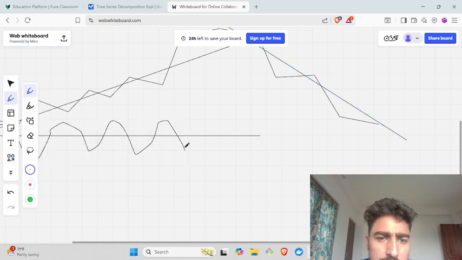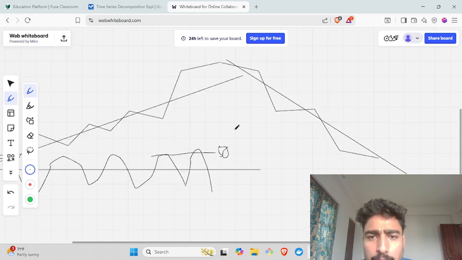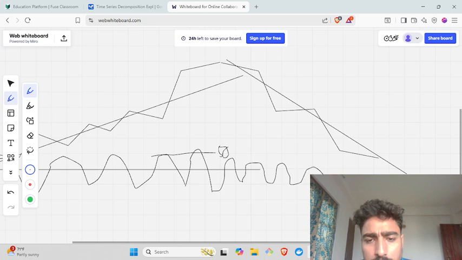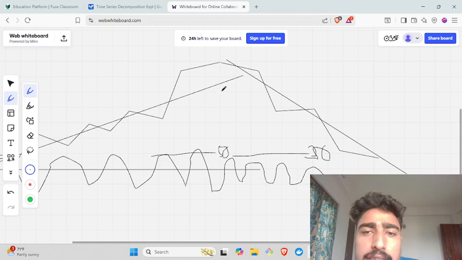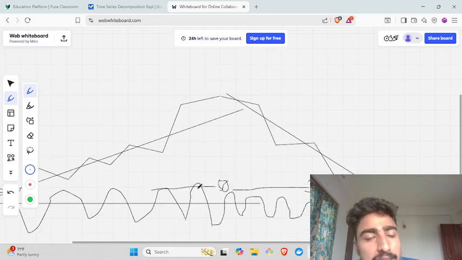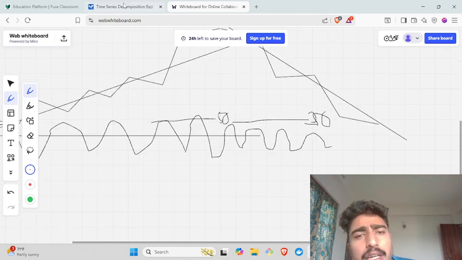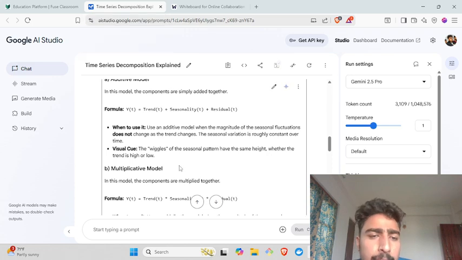Let's say we have a boundary of 50, and after the occurrence of the downward trend the seasonality decreased, let's say to 30. Then the trend affects the seasonality. So in this case we use the multiplicative model.